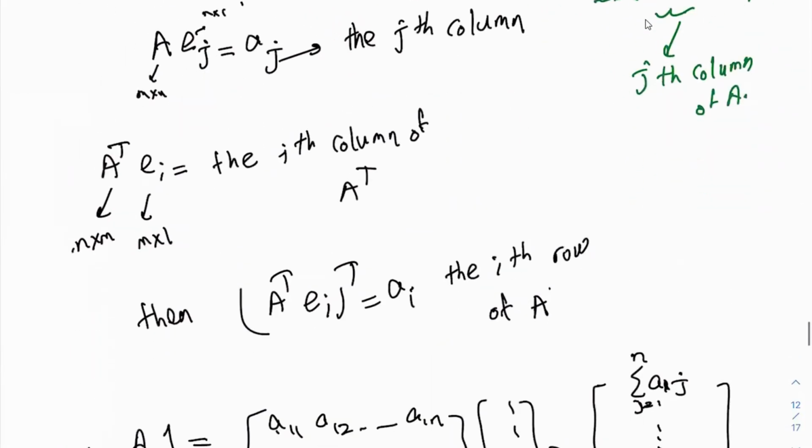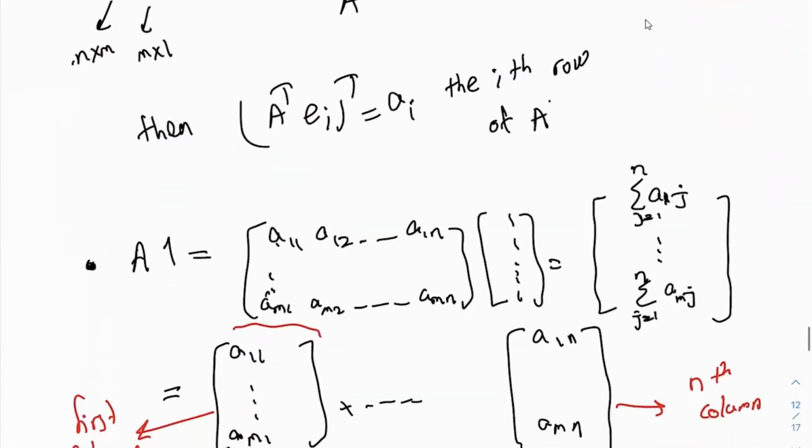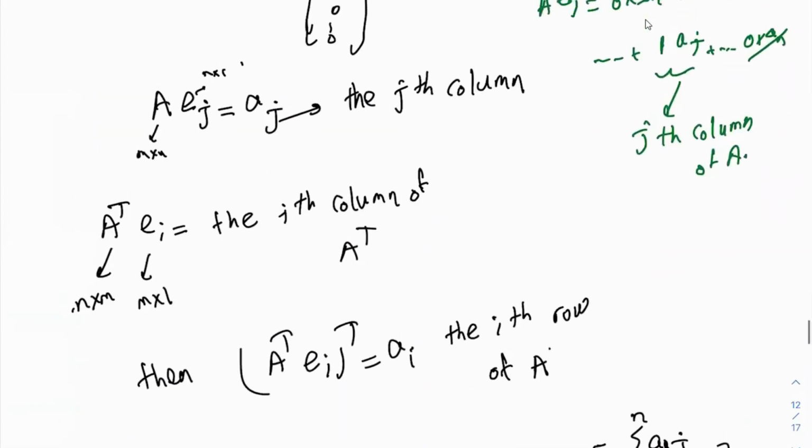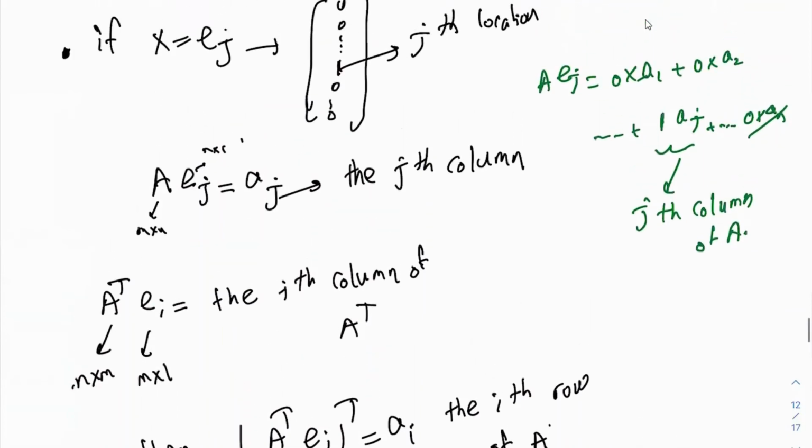So now let's talk about this in terms of the transpose of a matrix. The idea is the same. You can take A transpose to be B, where B is an n by n matrix.